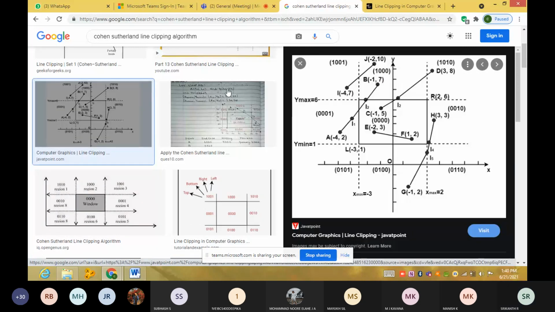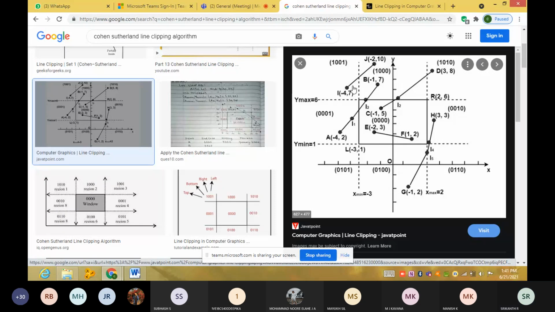See here, guys, there is a line A to B, and there is a line E to F. And there is one more line, from I to J. If you make I to J, see here, there is a line from I to J, right?